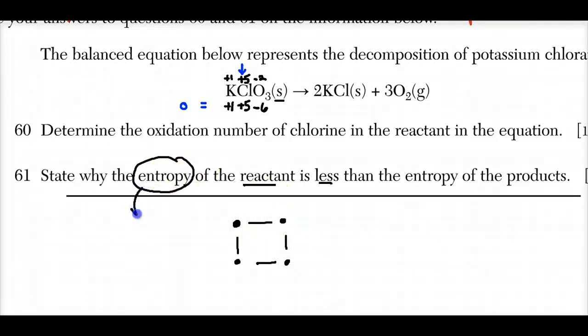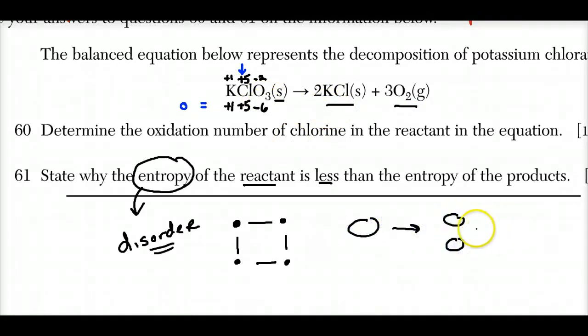Entropy is the measure of disorder or chaos. And we know that solids are more ordered than gases. Now we're making two solids here, but we know that we have one particle breaking apart into two, actually 5 particles. These are solids, but 3 gases.